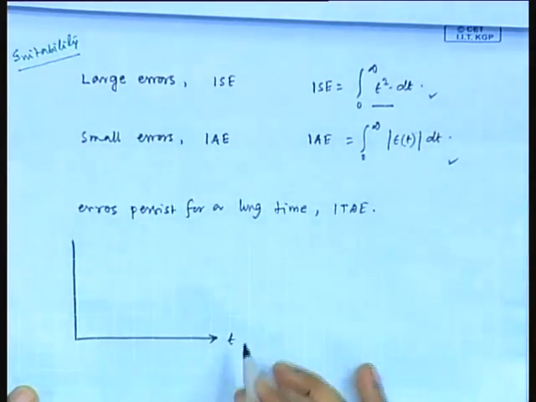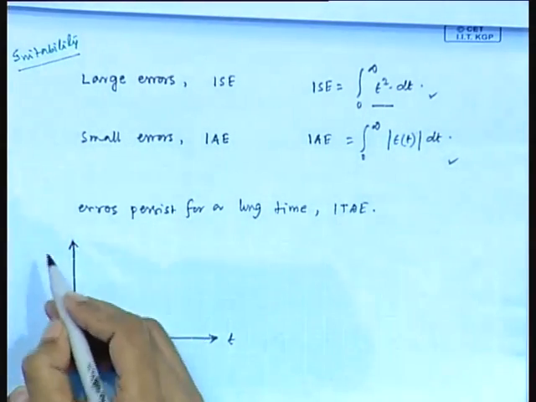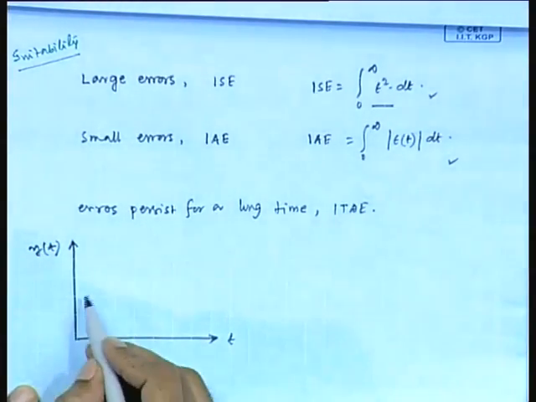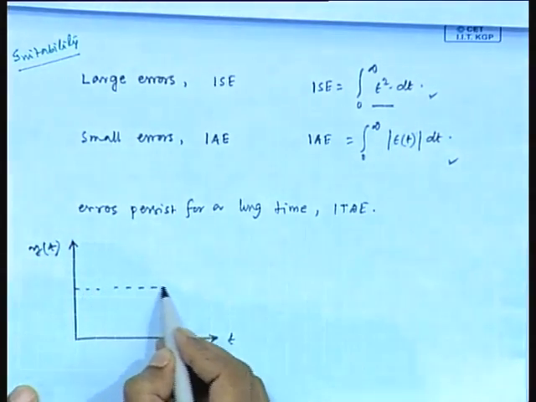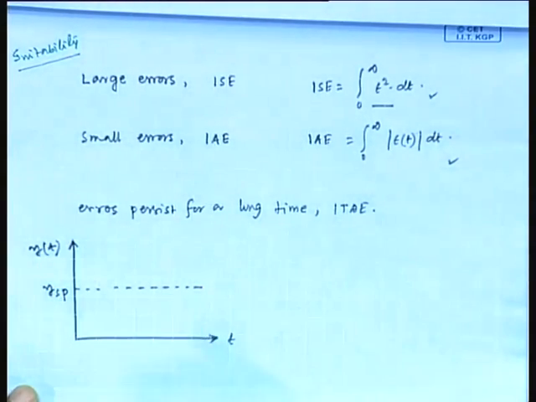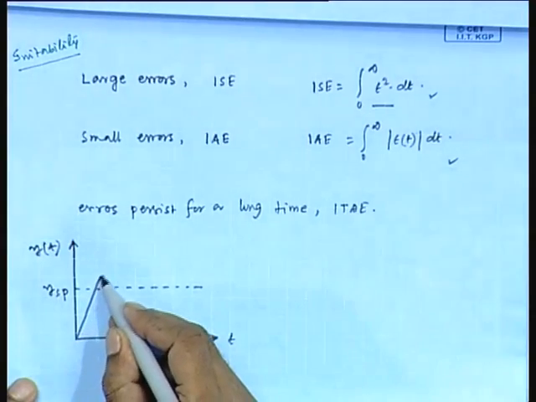Now we will consider the response of a process. Suppose this indicates the set point. Now this is the closed loop response.